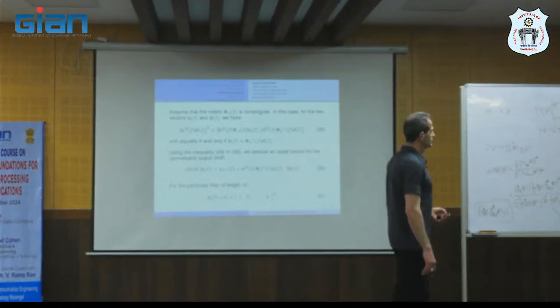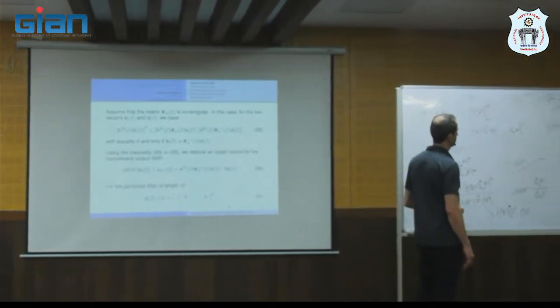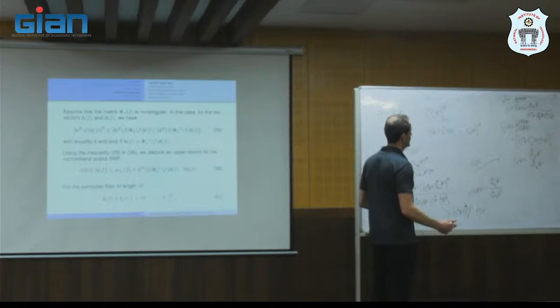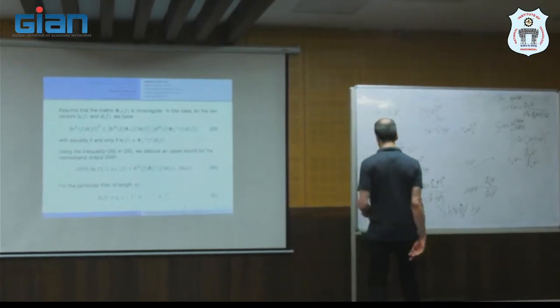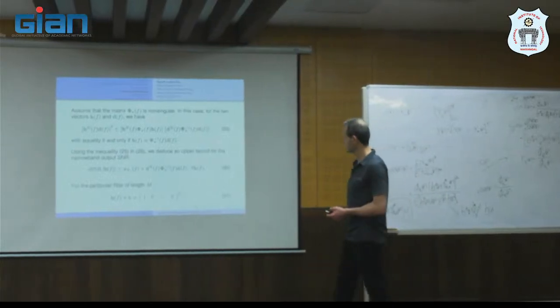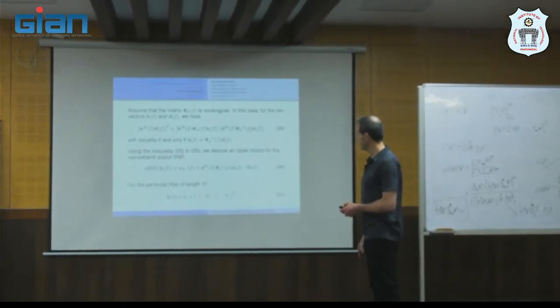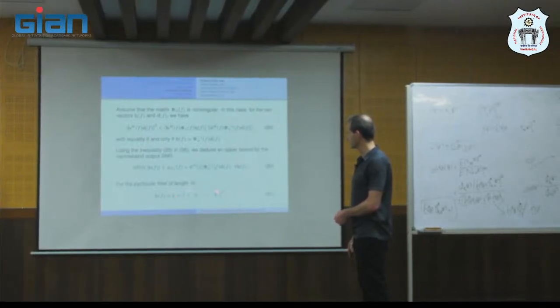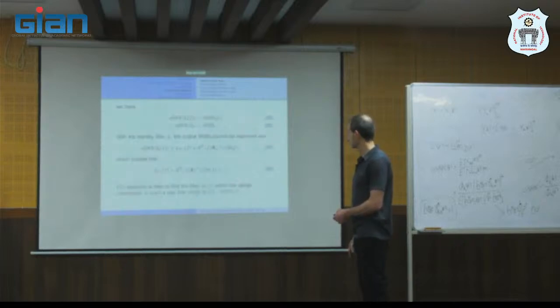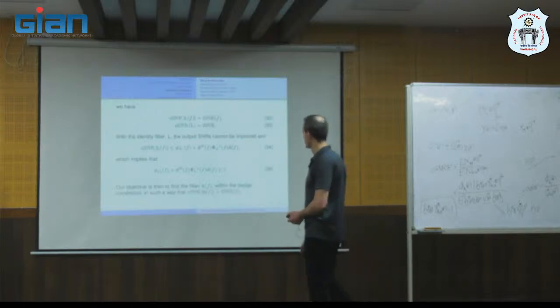Usually you can get higher output SNR if you introduce more distortion. So this is the output SNR that is obtained using the MVDR, and then we can continue. If we take a filter like this, it means that we don't do anything. So this is no distortion, but we don't do anything. That's why the output SNR will be as the input SNR. This is without any filter. This is obvious.